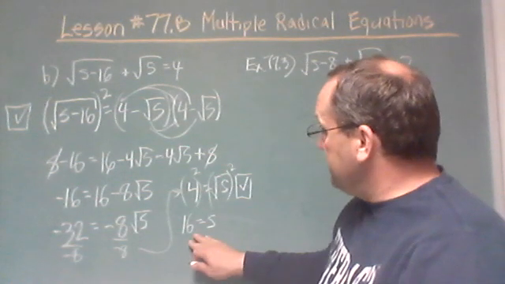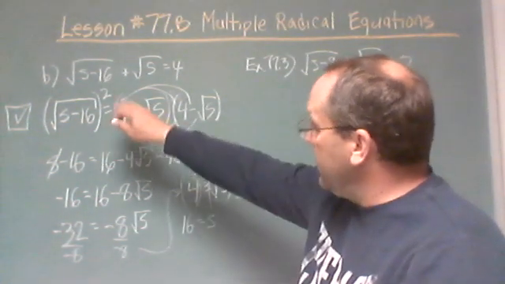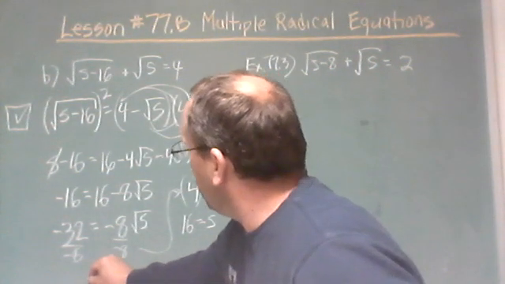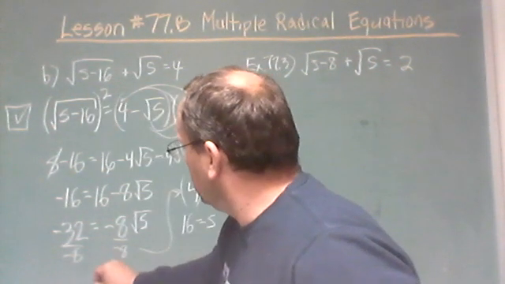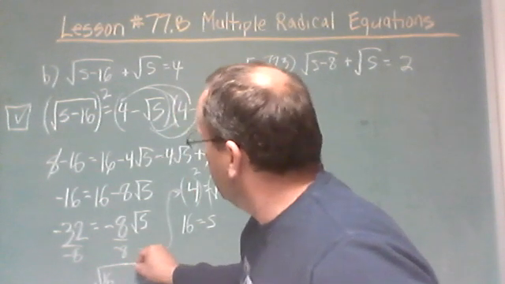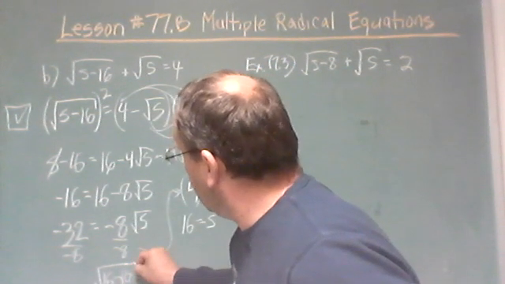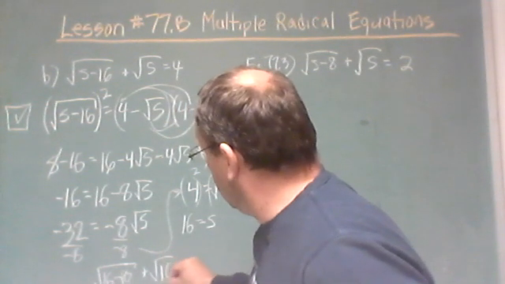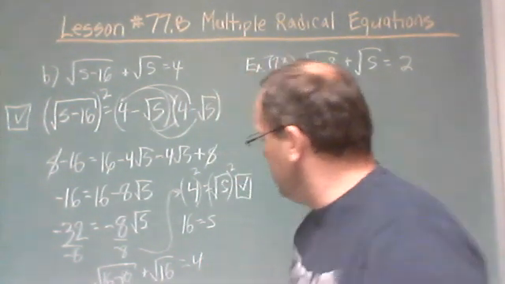This is my possible answer. Let's go ahead and plug it in. Let's see if I can sneak that in here at the bottom. I'm going to plug it into my original one. It's going to be the square root of 16 minus 16 plus the square root of 16 equals 4.